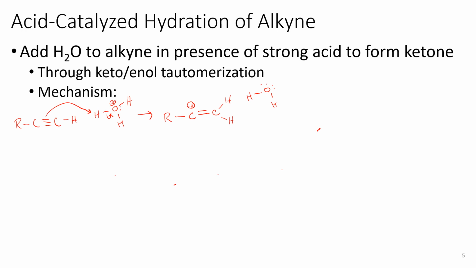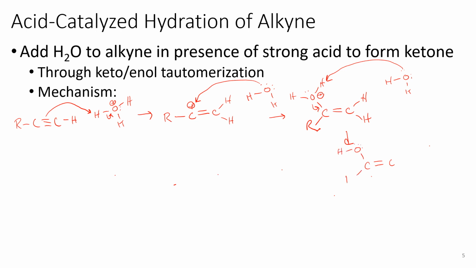From here, the water, being our new nucleophile, will come in and attack that vinylic carbocation. From here, we do need to get our acid back, so I will take a second water molecule to deprotonate what we have just added, and that will get us into our enol. And our acid.